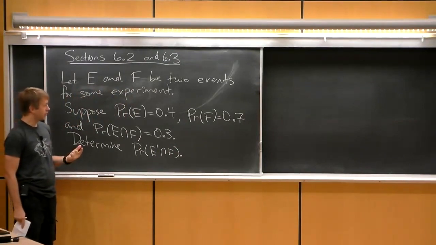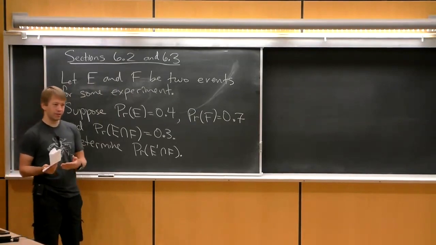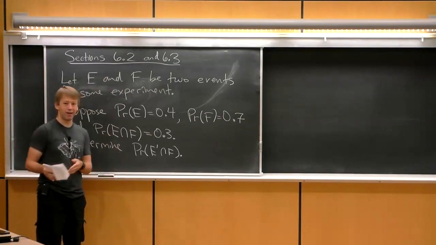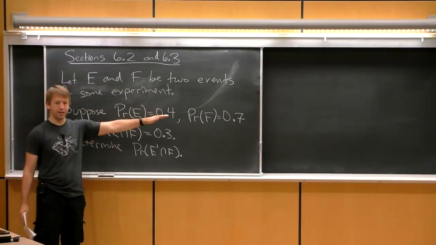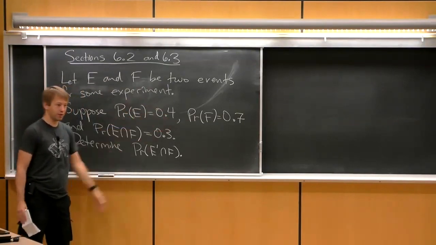By the way, in words, we have to be able to translate mathematical notation to plain English and back, right? Because this could have been written in completely plain English without any mathematical symbols, and you have to be able to interpret it.